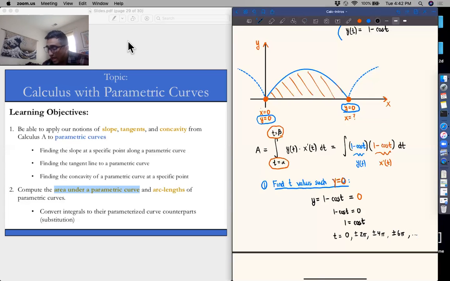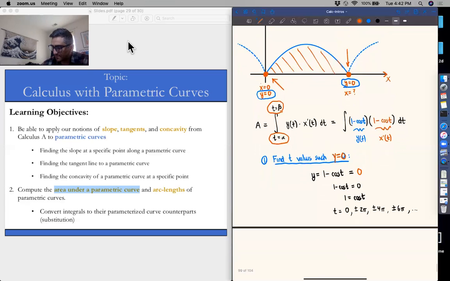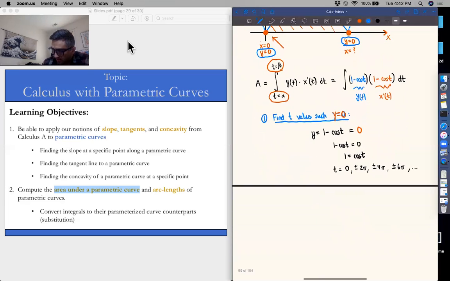All right, so it looks like we have a bunch of candidates now for successive points that would land us at y equals 0. So which ones are actually going to land us at, say, the first point and, say, the second point? So this is where we take the x equation and we start thinking about what happens at those specific values of t.